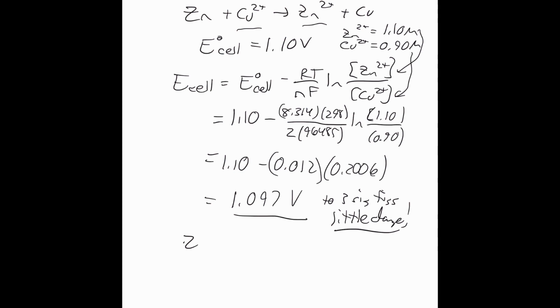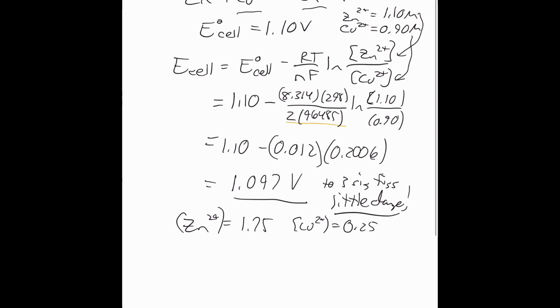Let's take an example where we had the concentration of zinc and we let it run to 1.75 and copper was at 0.25. So let's say it's run 75% down. We're at 25% power.